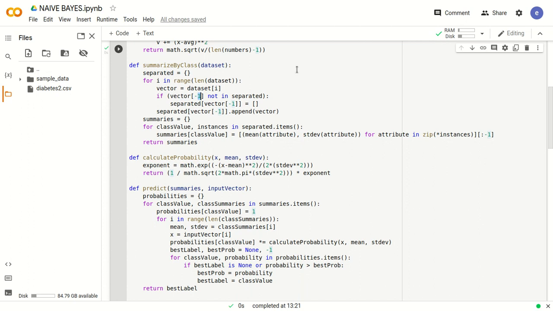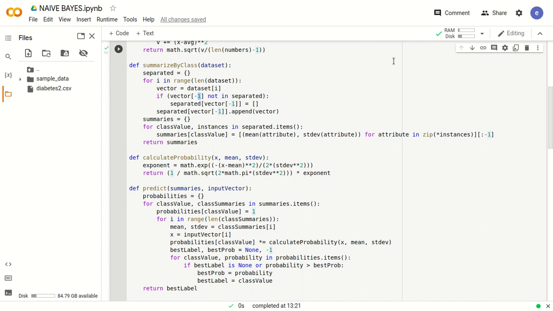If each row is a vector, then the last column index is -1, so the last column is nothing but the outcome. In the separated dictionary we will create keys. The key will be the class value, that is vector of -1, which will be either 0 or 1. If vector of -1 is not in separated, then we create an empty list for that particular key.